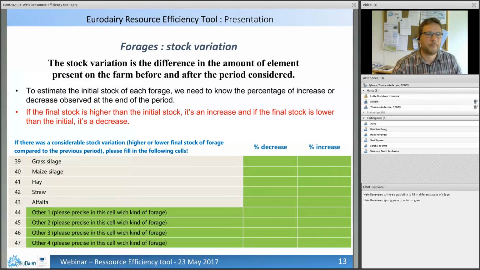For the first stock variation, you can find the other information, so you can fill it in if you want. We proposed a simple view of this mineral balance, but of course we can have specific information if you have it.